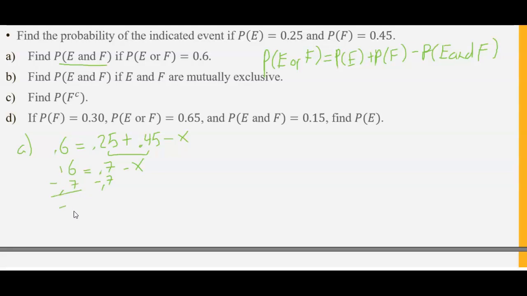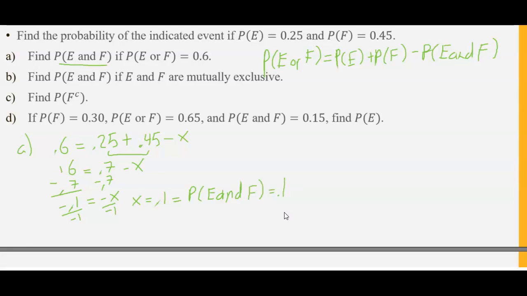That leaves me with negative 0.1, which is equal to negative X. Can't have a negative variable, so you divide by negative 1 on both sides. X equals 0.1, which is the same thing as saying the probability of E and F equals 0.1.